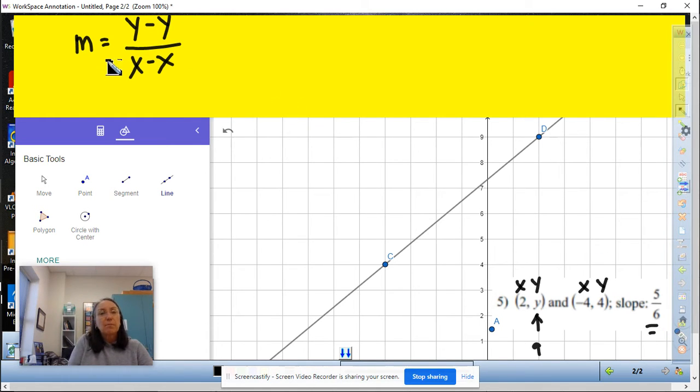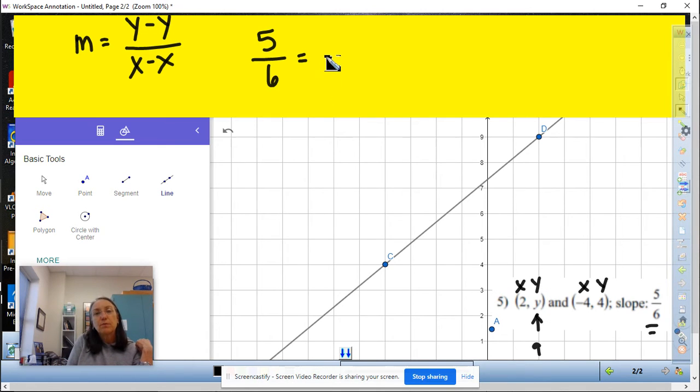So here I go. My slope of 5/6 is equal to, now here is my advice to you. Remember that it doesn't matter what order we subtract these in, as long as I'm consistent from my y's to my x's. What I would do if I were you is always make sure that the unknown y is the one you start with.